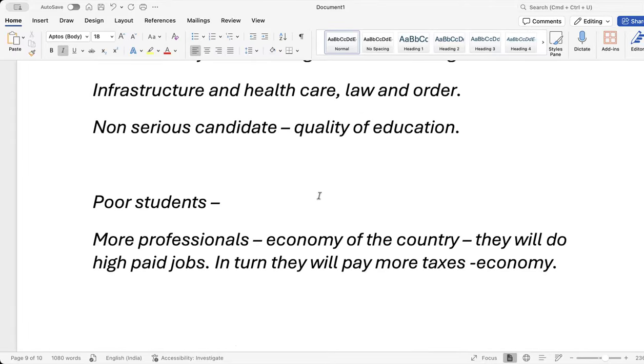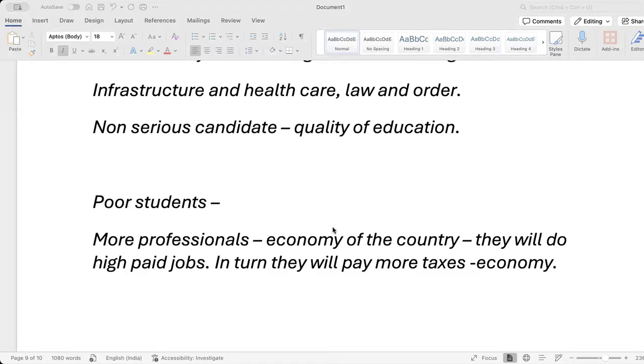Any other point? Government paying, drawback or advantage? Let me just check what I thought of before. We'll go with your point.